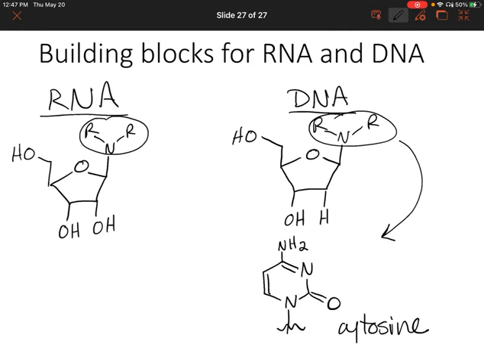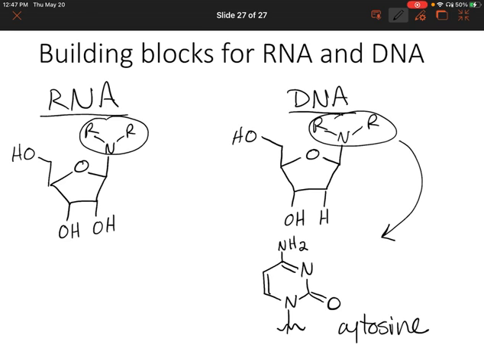So if that group is attached to the DNA building block above, then it's called cytosine, excuse me. But there's also other ones called thymine, adenine, and guanine. So you can look up those structures in your textbook. I'm not going to test you on them. I'm just trying to give you kind of an idea of what this looks like.